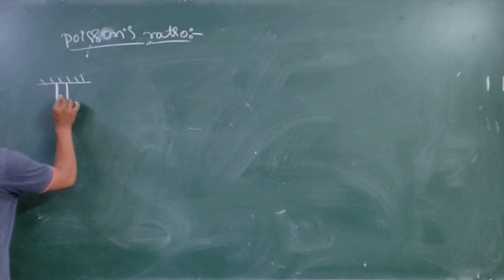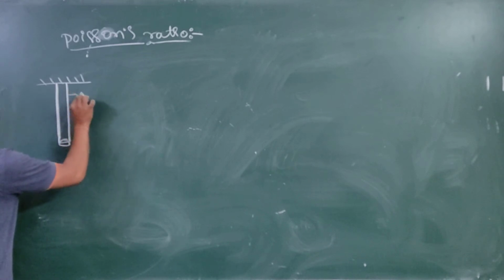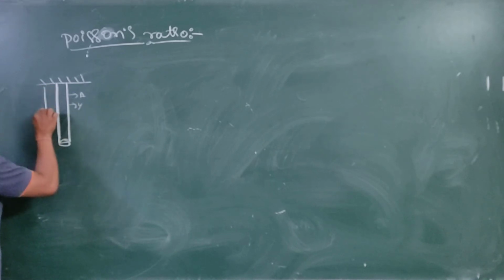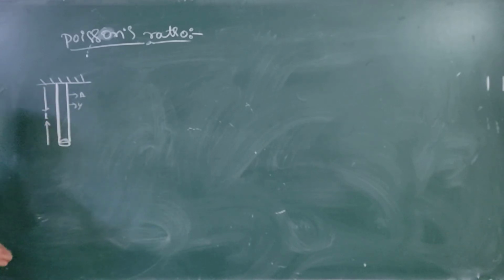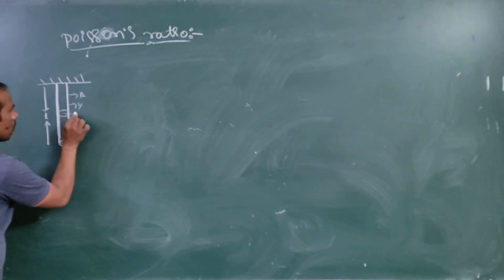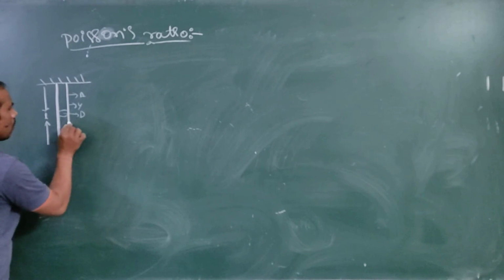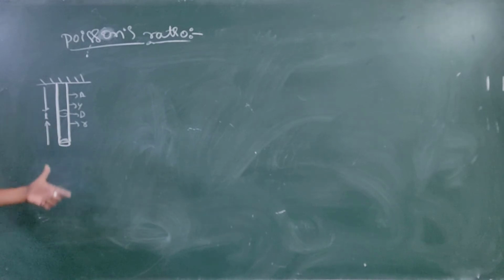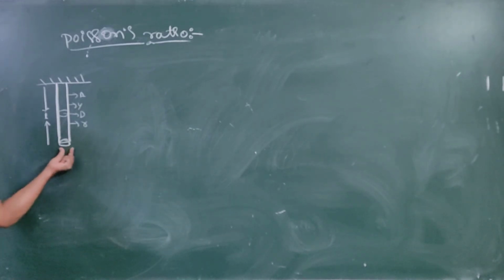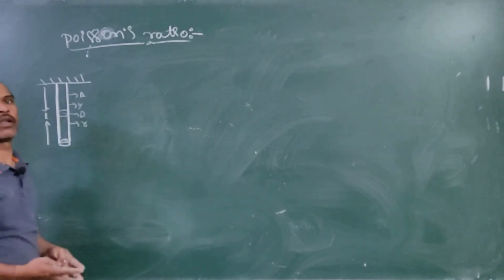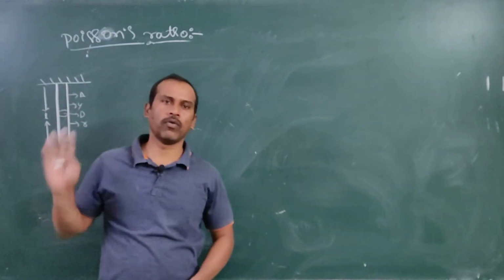Initially the area of cross section is A, Young's modulus Y, the length of this rod L, the diameter of this rod D, and radius R. Now after some load is applied at the other end of this wire, elongation is produced in the wire.